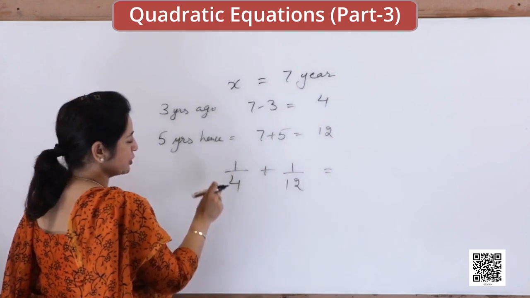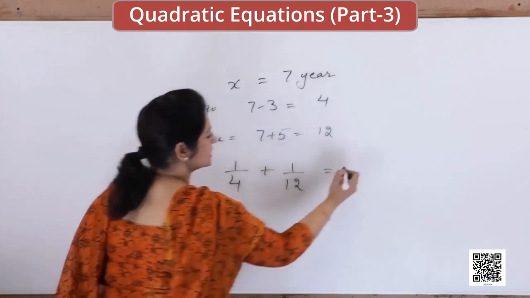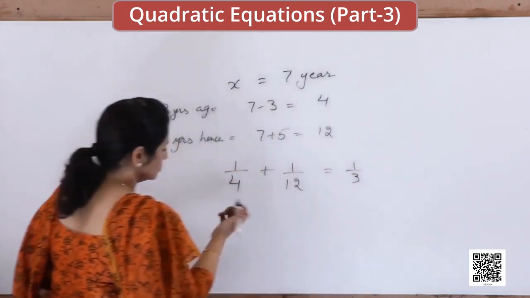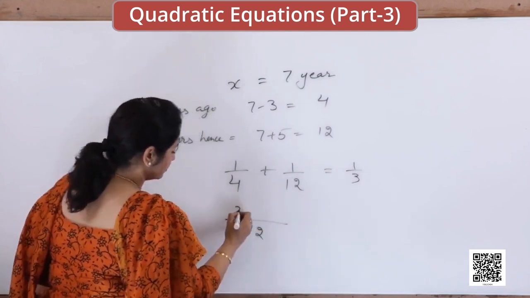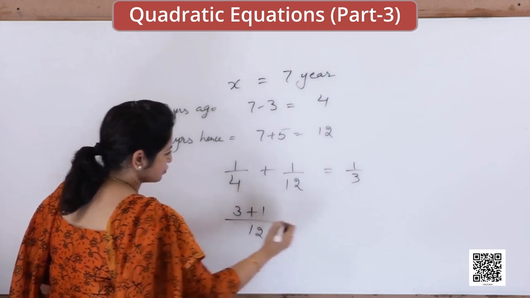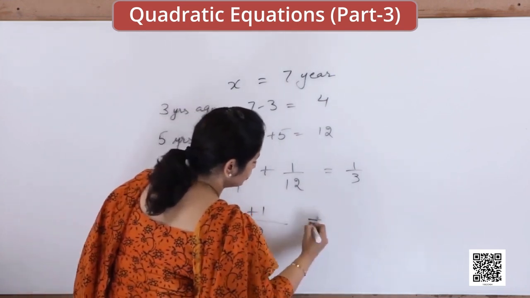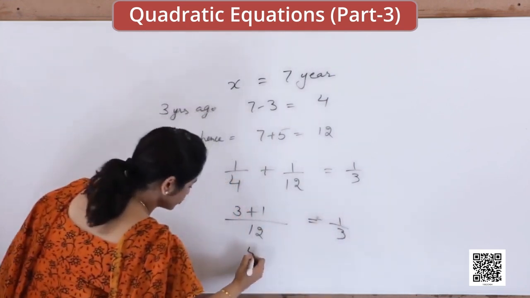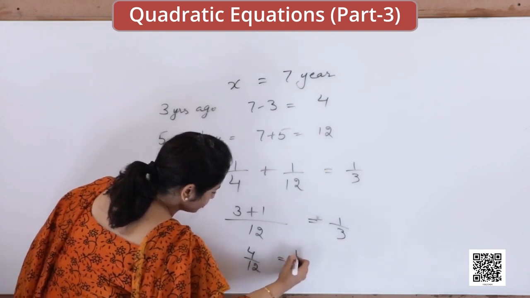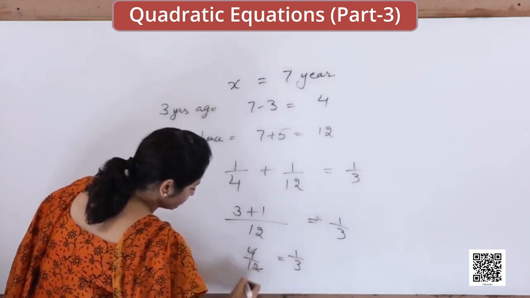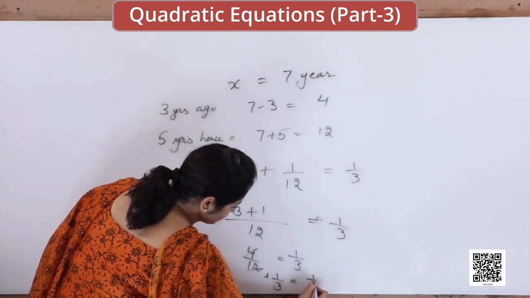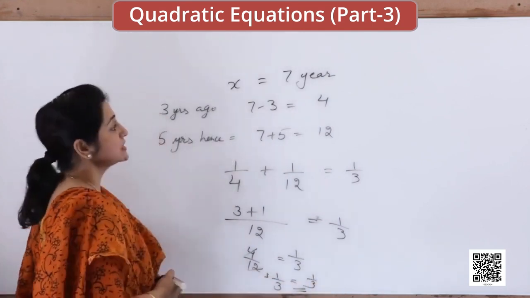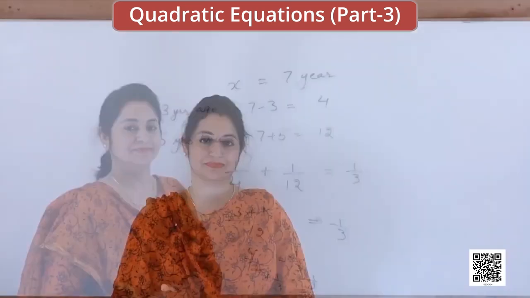According to question, 1 upon 4 plus 1 upon 12 is equal to 1 upon 3. So let's do it. Here the LCM will be 12, and here we will get 3 plus 1 should be equal to 1 upon 3. So 4 upon 12 should be equal to 1 upon 3. It will get cancelled, and we will have 1 upon 3 here. So 1 upon 3 is equal to 1 upon 3. So that means our answer is correct.